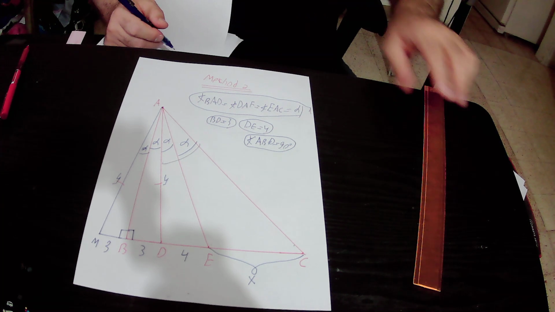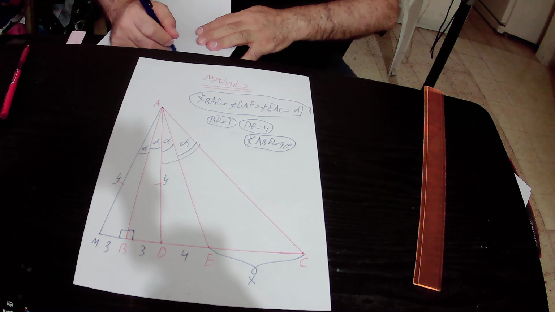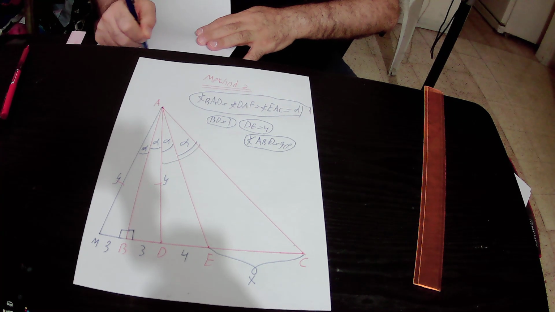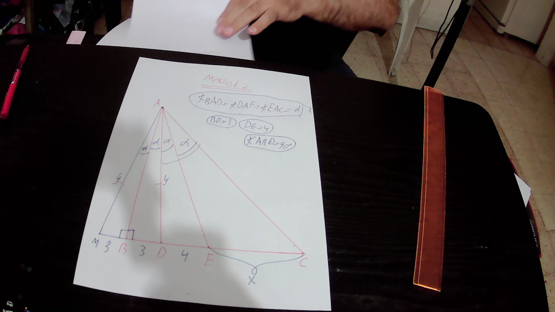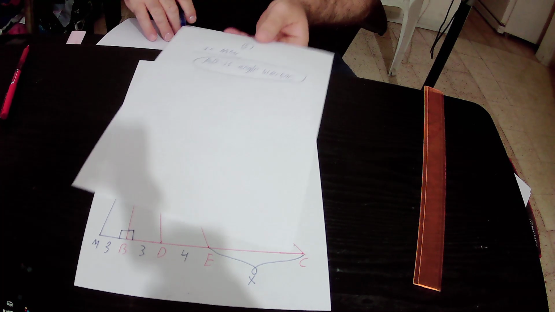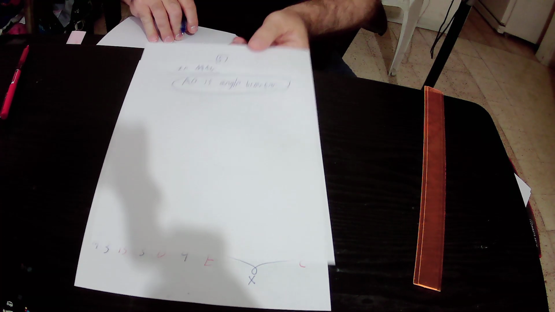Again, in triangle AMC, the big triangle, AD is angle bisector.